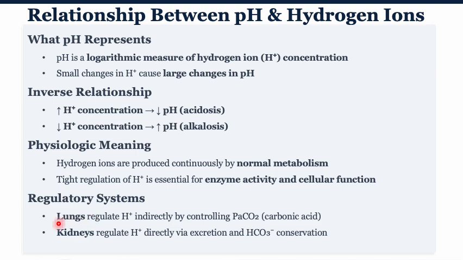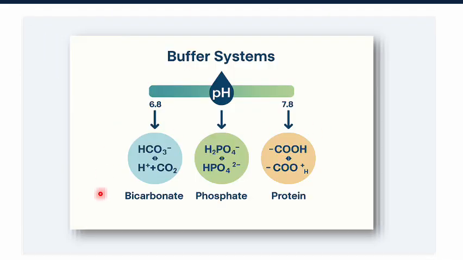And again, regarding the regulatory systems that control this, the lungs will regulate the hydrogen indirectly by controlling the partial pressure of carbon dioxide, or the carbonic acid, and the kidneys will regulate the hydrogen directly via excretion and bicarbonate conversion. And I will show a diagram a little bit later to reinforce this.